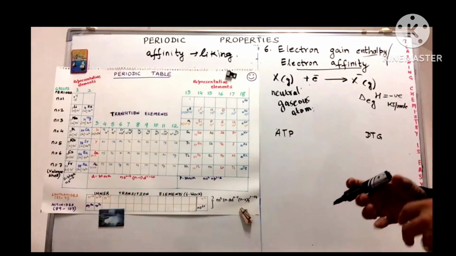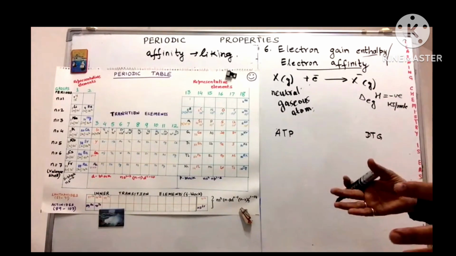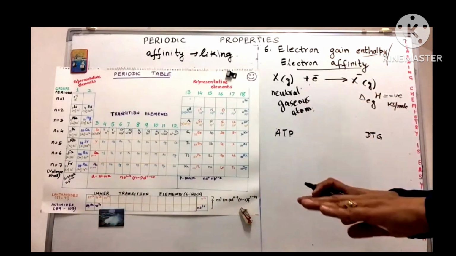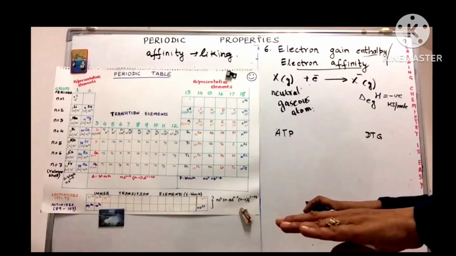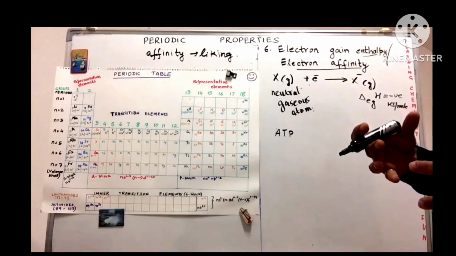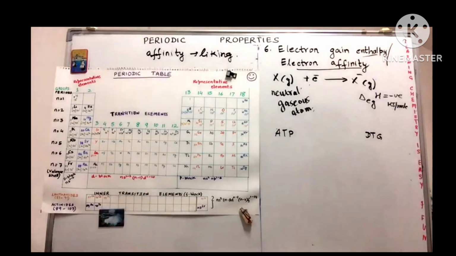For example, if I am in a fit of anger, I am bursting out and I get really angry. After giving a vent to my anger, I am quiet, calm, more relaxed, more stable. The same thing happens over here. So when it gains the electron, it has to lose energy in order to be stable.